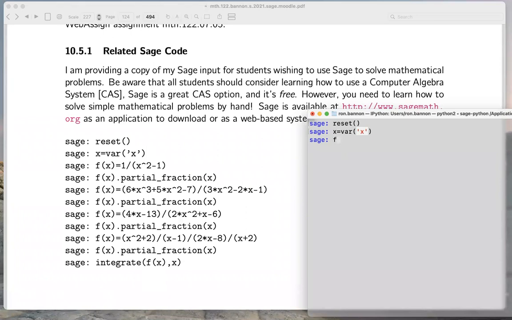And then I define a function f of x. I'm assigning f of x 1 divided by x squared minus 1. And then I'm going to take the function f of x and ask Sage to take that function and do partial fractions, P-A-R-T-I-A-L, fractions.